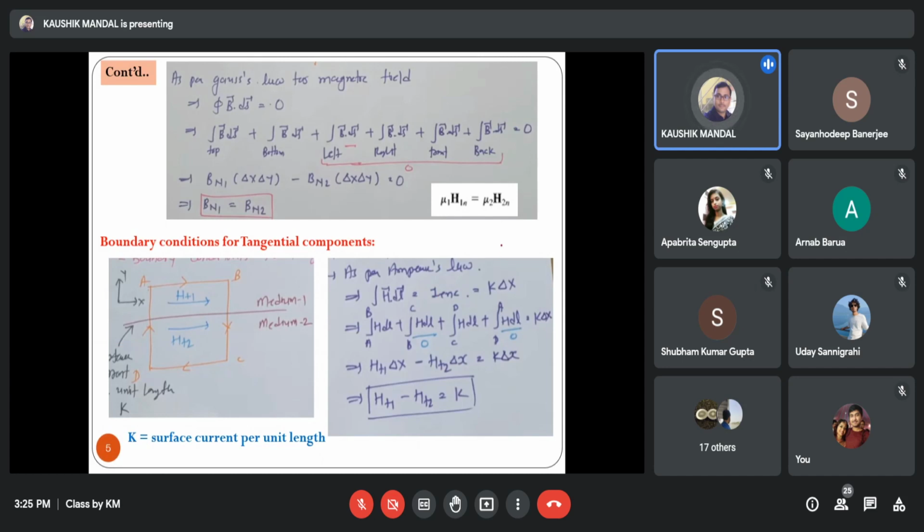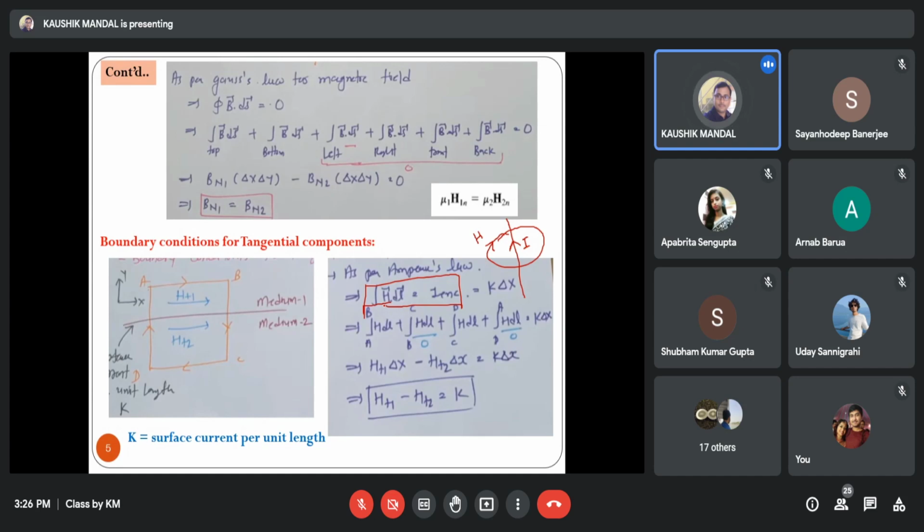As per Ampere's law, if we consider a closed loop around a particular conductor carrying a current I, as we discussed in the last class, the magnetic field intensity H dot dl equals the current enclosed in the corresponding loop. So that is Ampere's circuit law, H dot dl equals I enclosed.